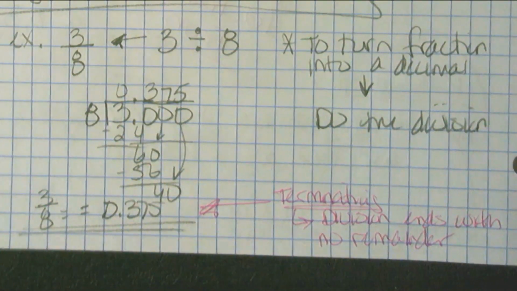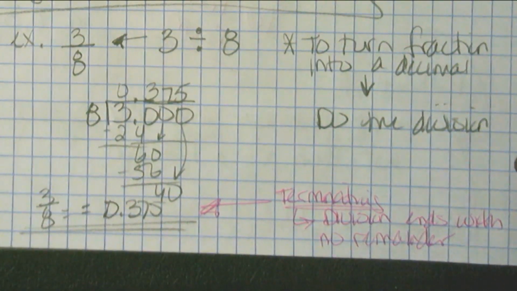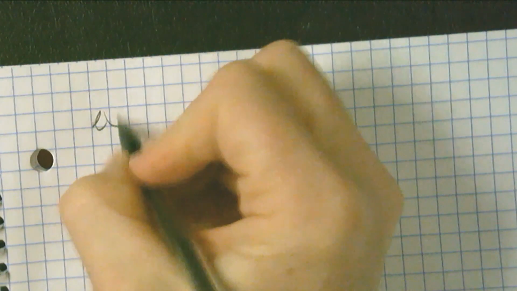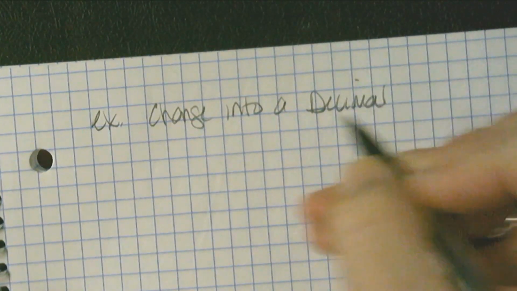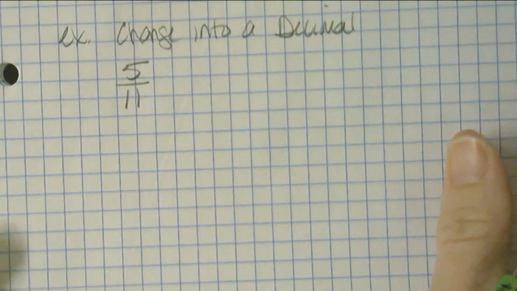All right, let me give you another one. Who needs to see what's up there? Okay. So I want you to change this fraction into a decimal. So 5/11ths. All of you do that, please.